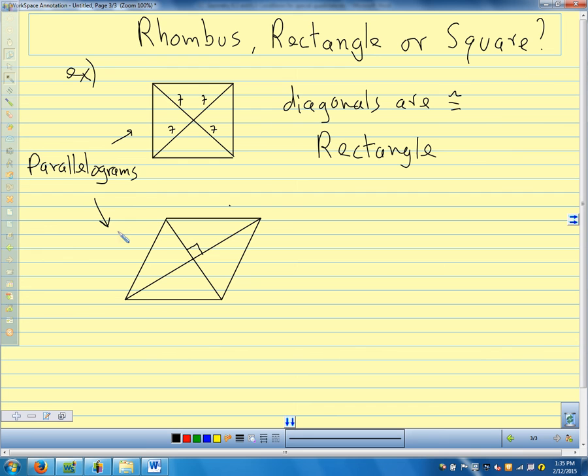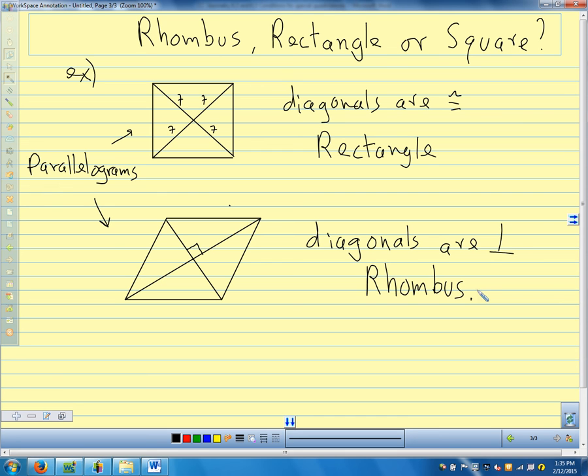Rhombus, because the diagonals are perpendicular to each other. So that makes it a rhombus. Could it be a square? We need more information. What would we need to know for it to be a square?